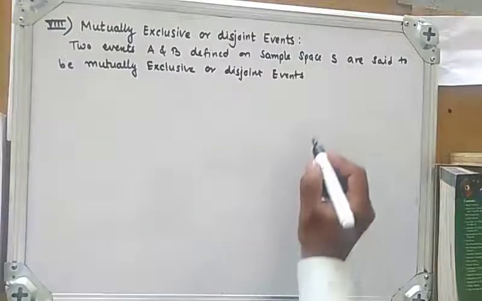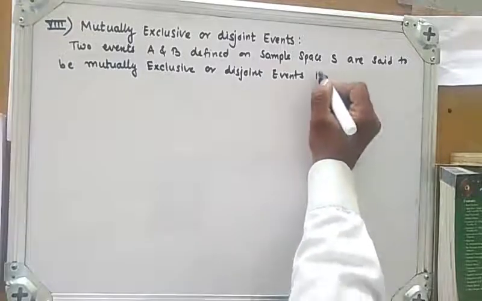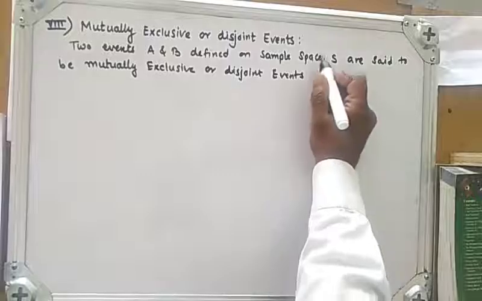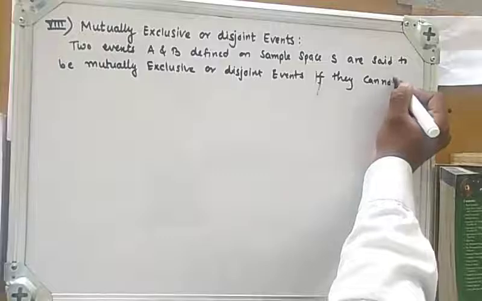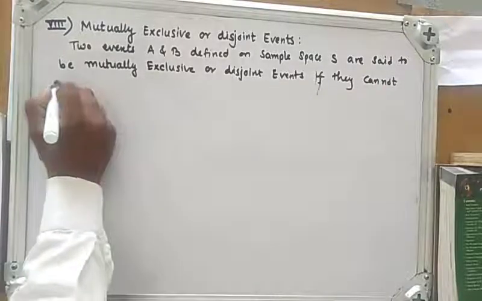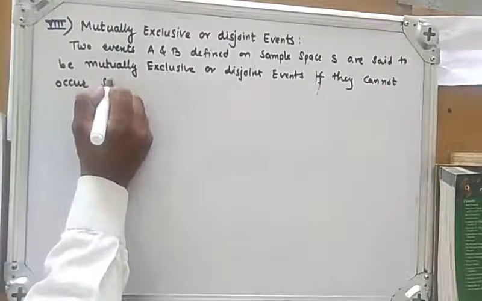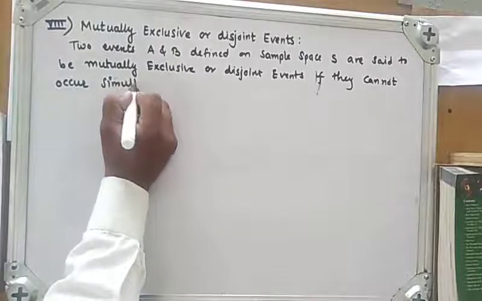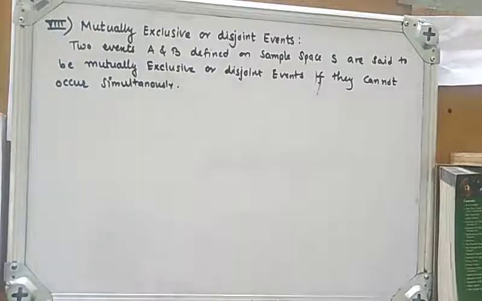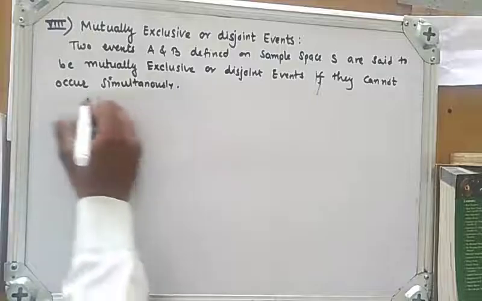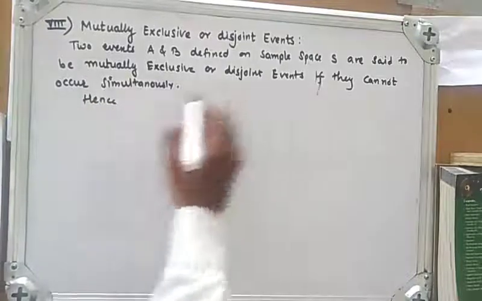if they cannot occur simultaneously, that is, the occurrence of one of them prohibits the occurrence of the other. Hence, what will we get?